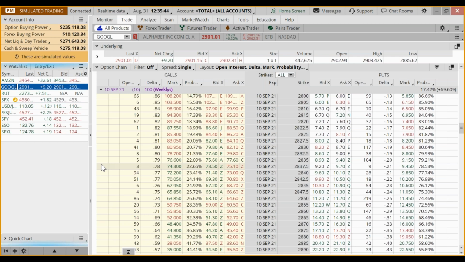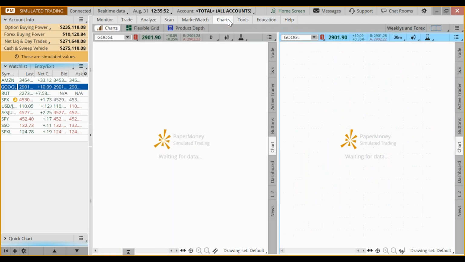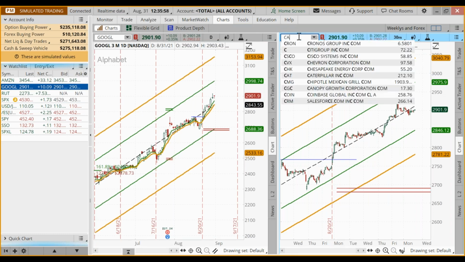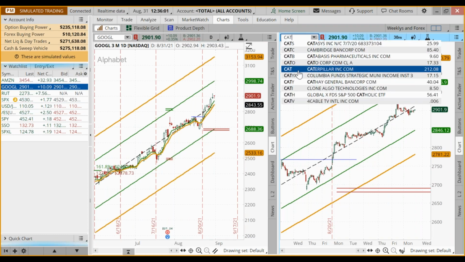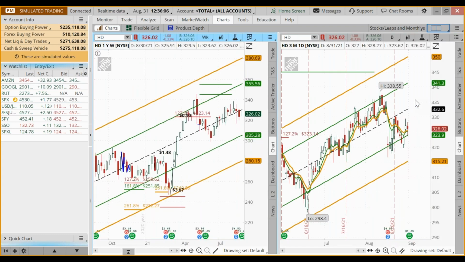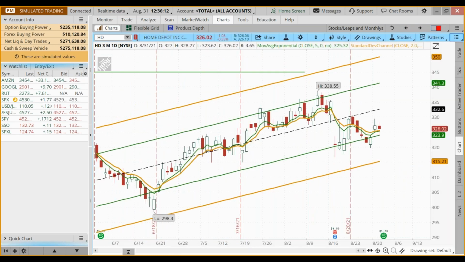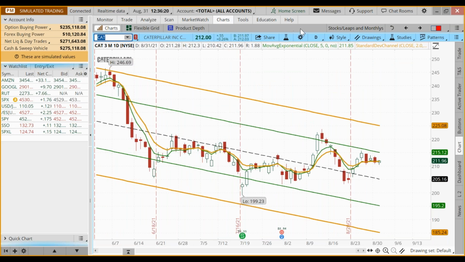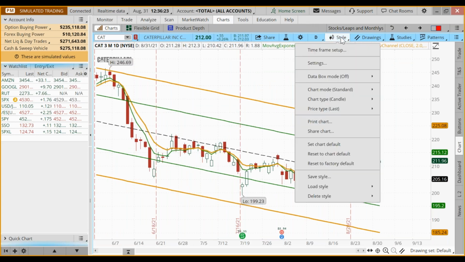What I wanted to do now is take a look at some previous trades I made on Caterpillar, and go over those. I'm going to go with the daily chart, maximize this, and change this to a year.